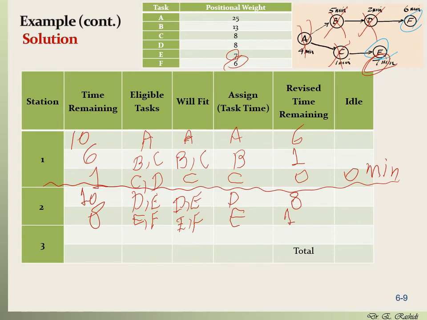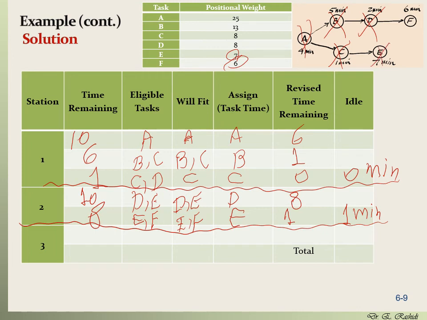Since task F would require 6 minutes, we're going to end up closing this workstation with 1 minute idle time. So we assigned A, B, C, D, and E.